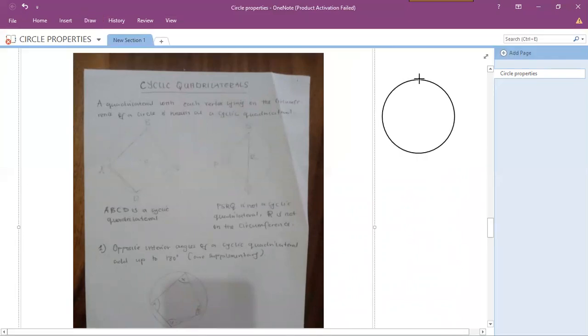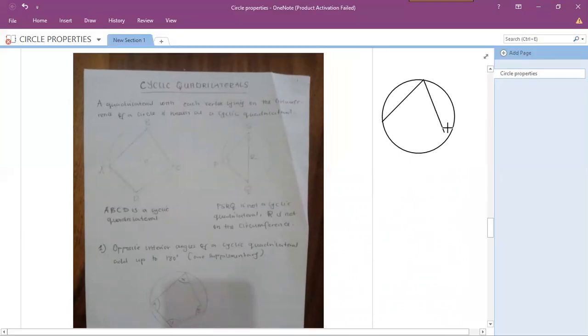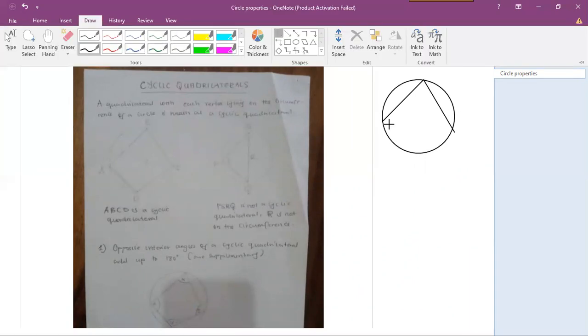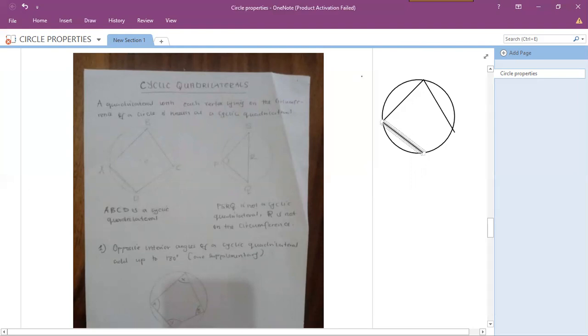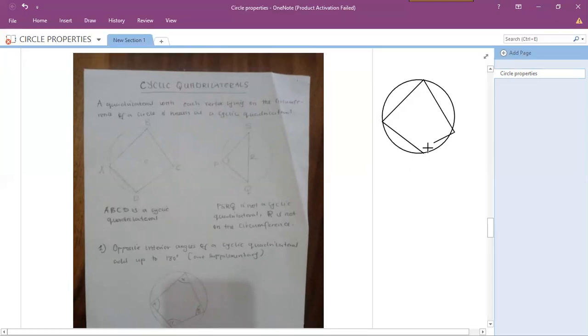If there is a cyclic quadrilateral, that's one vertex there, another edge will be there, another vertex will be there, and another one will be there. So as long as it's completed, and let's say this is A, B, C, D, all the vertices have to lie on the circumference. We can say that that's a cyclic quadrilateral.